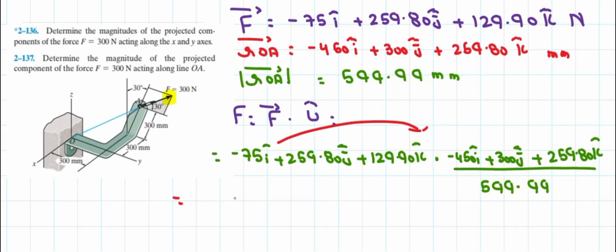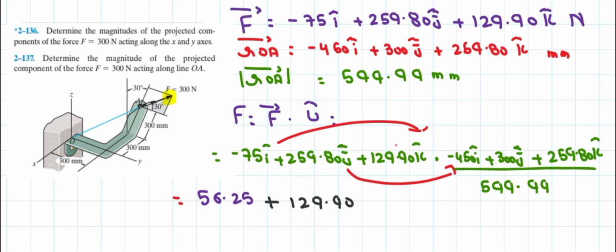So it gives us a result of positive 56.25. Similarly, multiply 259.80 j cap with 300 j cap and divide by 599.99, so it is equal to positive 129.90.